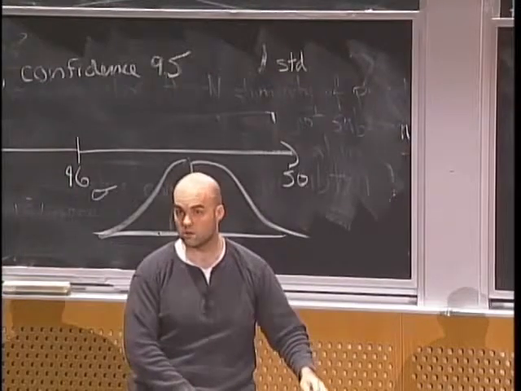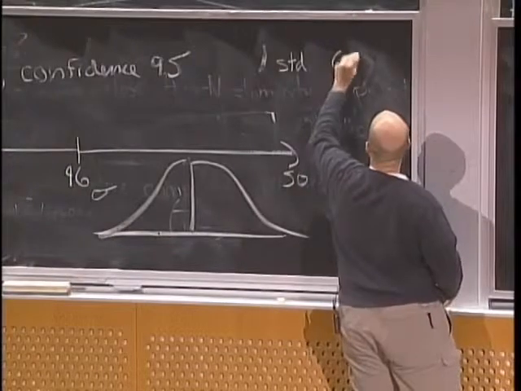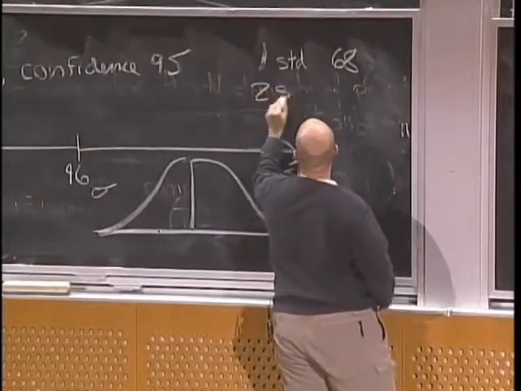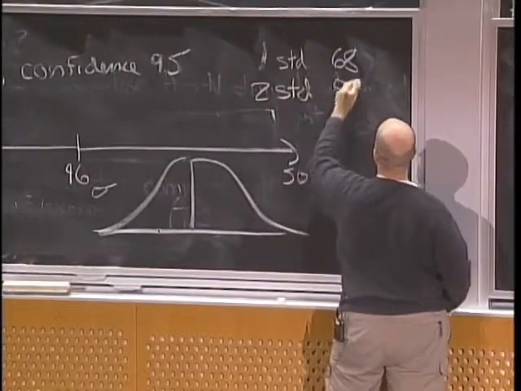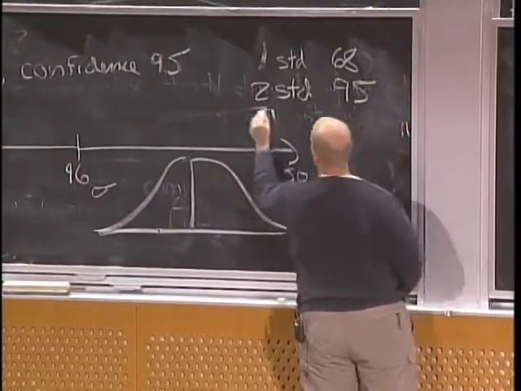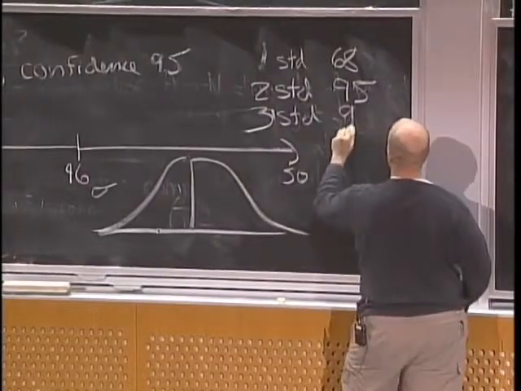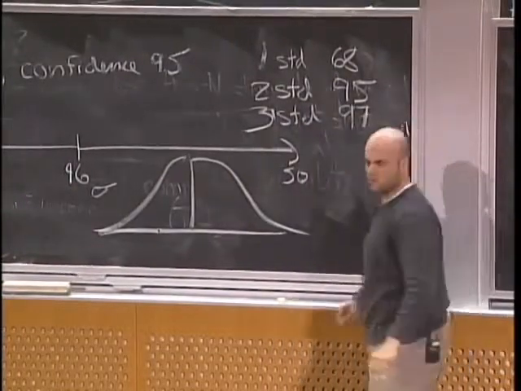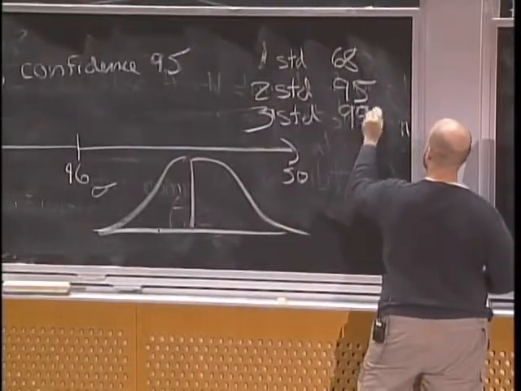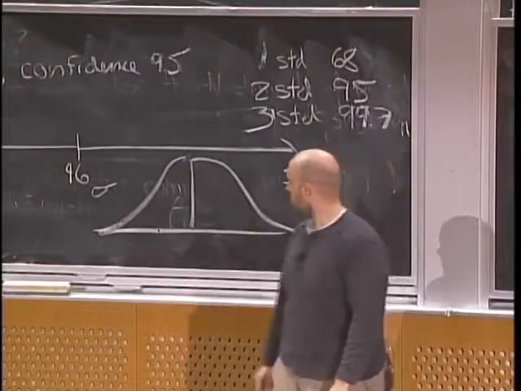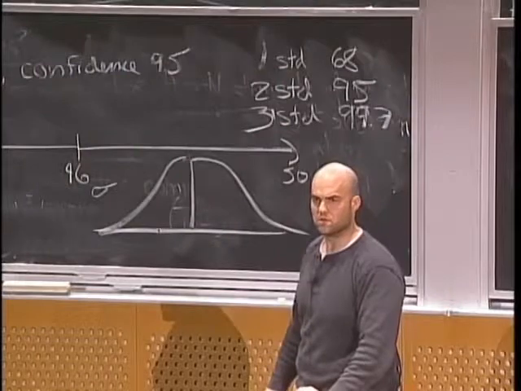Is it 68? I wrote it down, 68. Thank you. And then 2 standard deviations is going to be 95. And then 3 standard deviations is going to be what, 97? Or is it 99.7? 99.7. But you need to just know that for normal distributions.